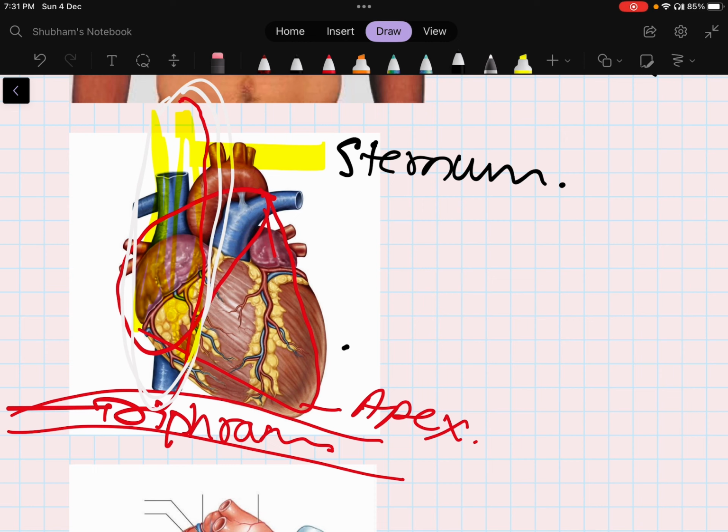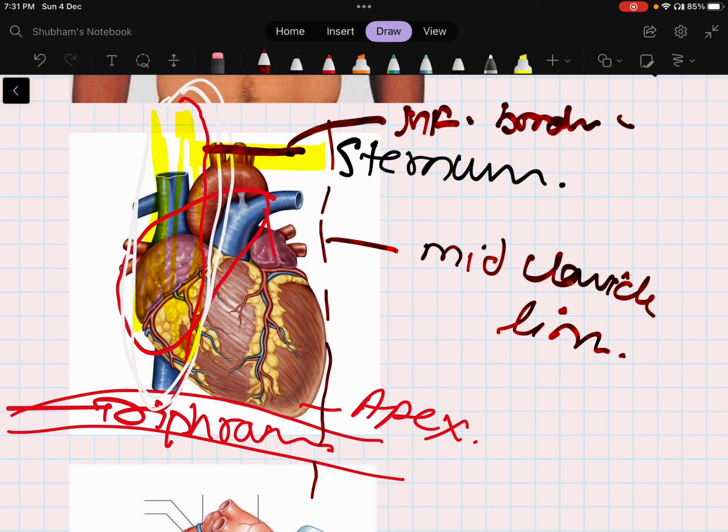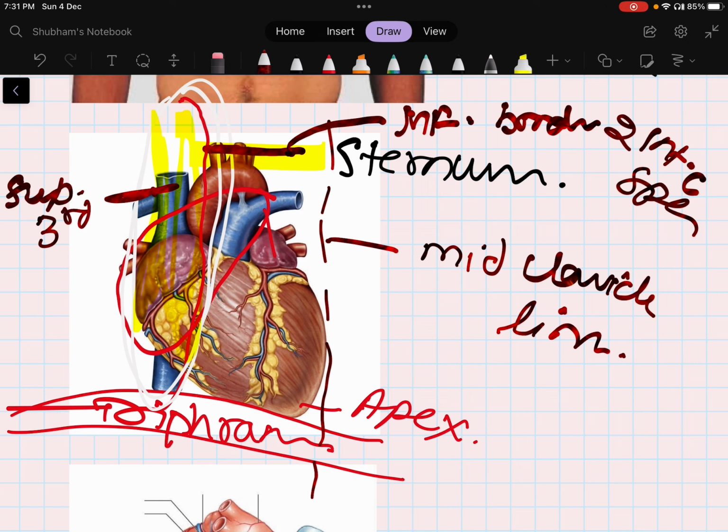And you can just see the mid clavicle line. This is the inferior border of the second intercostal space. This is the superior border of the third intercostal space.